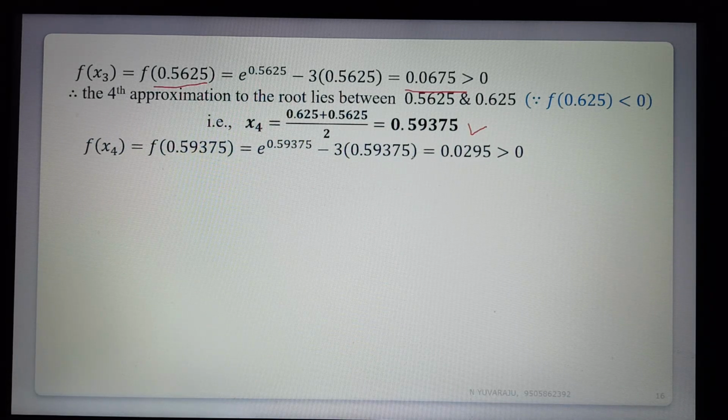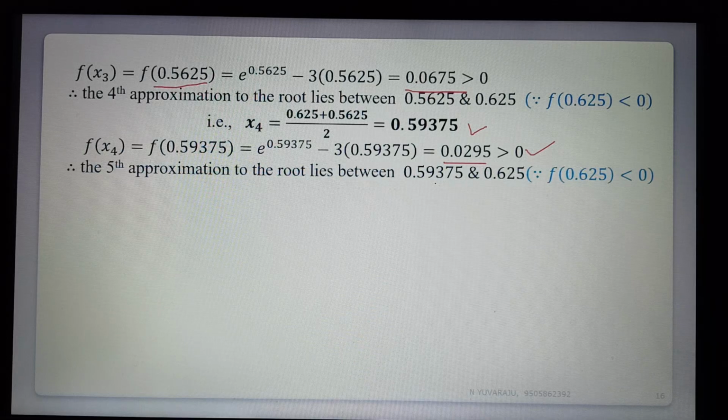Again substituting in the given equation, there exists 0.0295, positive only, the previous value is negative, so the next root lies between 0.59375 and 0.625. So that is the fifth approximation, x5 is equal to 0.609375.